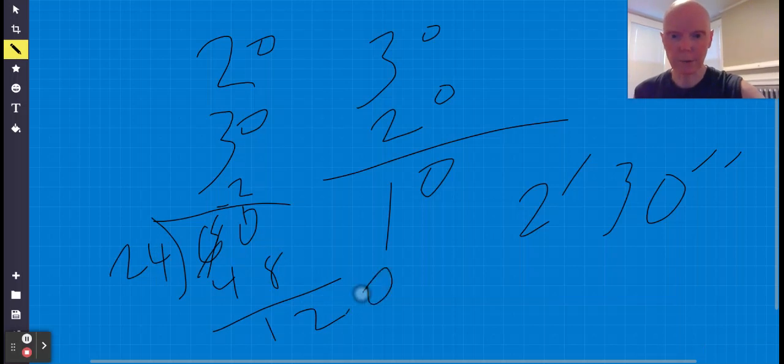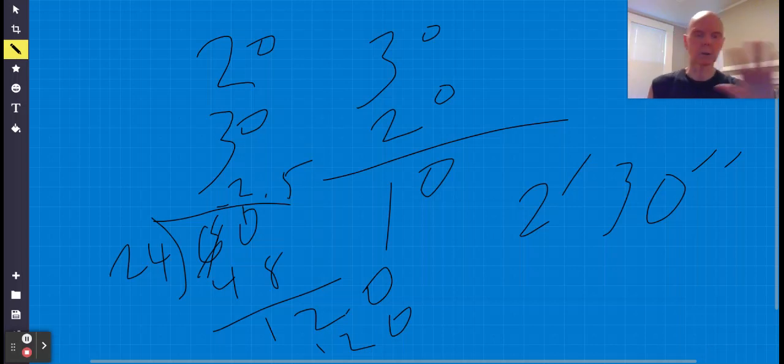We can't divide that, but 120 divided by 24: 5 times 4 is 20, 5 times 2 is 10, plus 2 is 12. So that goes in 5 times, giving 2.5, which is 2 minutes and 30 seconds. So that's how you would do it: convert something like that to minutes and divide.